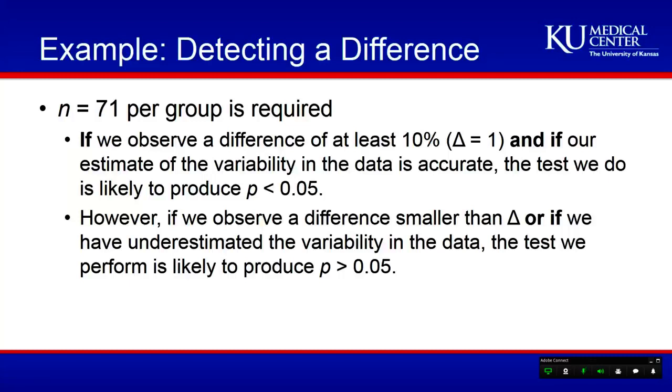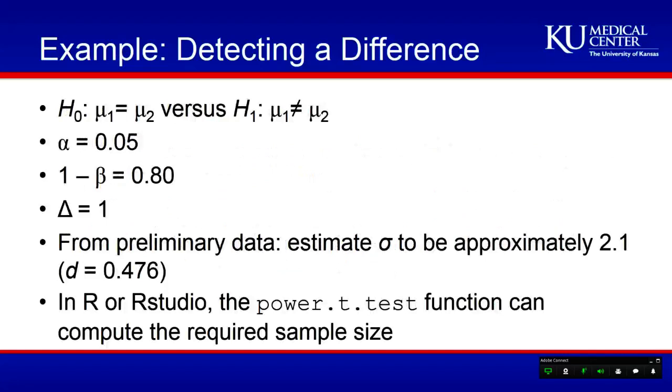So I have to have 71 subjects in placebo, 71 subjects in control in order to have 5% type 1 error, 80% power of detecting a difference of 1 unit. The key here in any power calculation or sample size calculation is to understand that this is an estimate of sample size, right? That estimate is dependent upon all the things that you put in to estimate it.